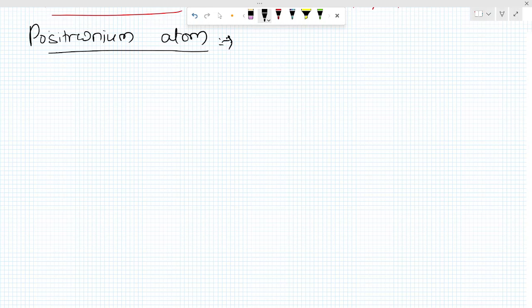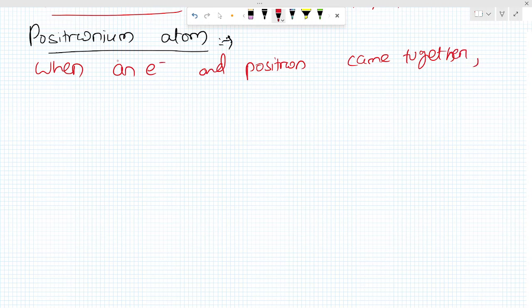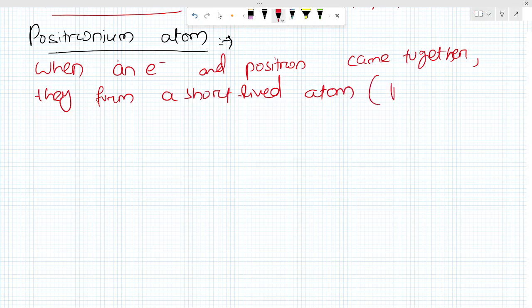So the positronium atom, what do we mean by this? When an electron and positron come together, they form a short-lived atom, that is the positronium atom.